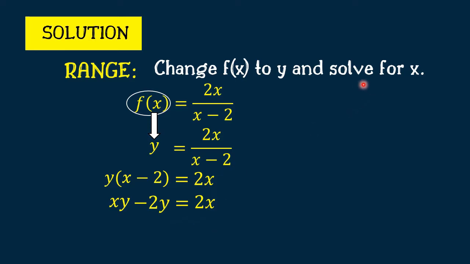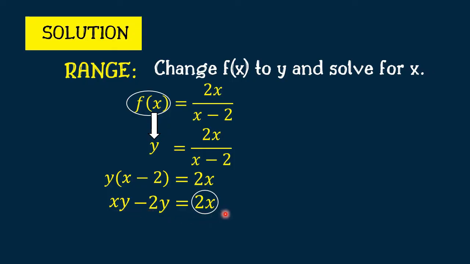Next, since we are looking for the value of x, we have to identify the terms having the variable x. Since 2x contains x, we have to combine it with the variable xy. So pagsamahin lamang ang mga terms na merong x.